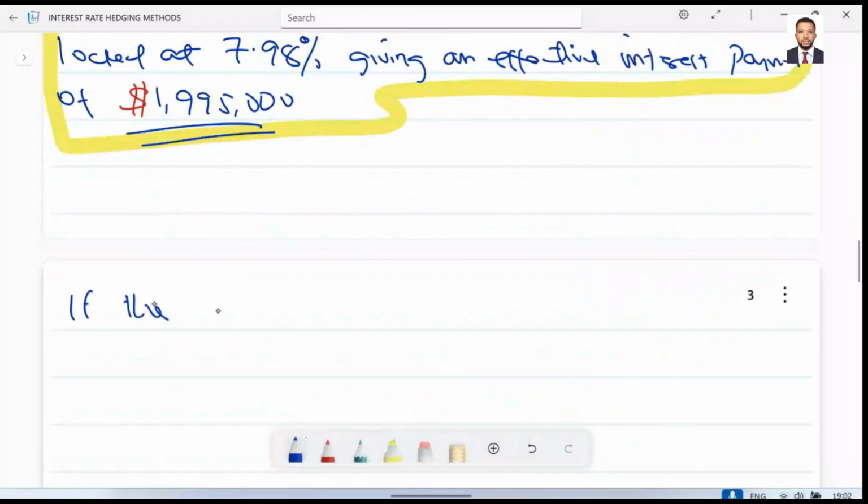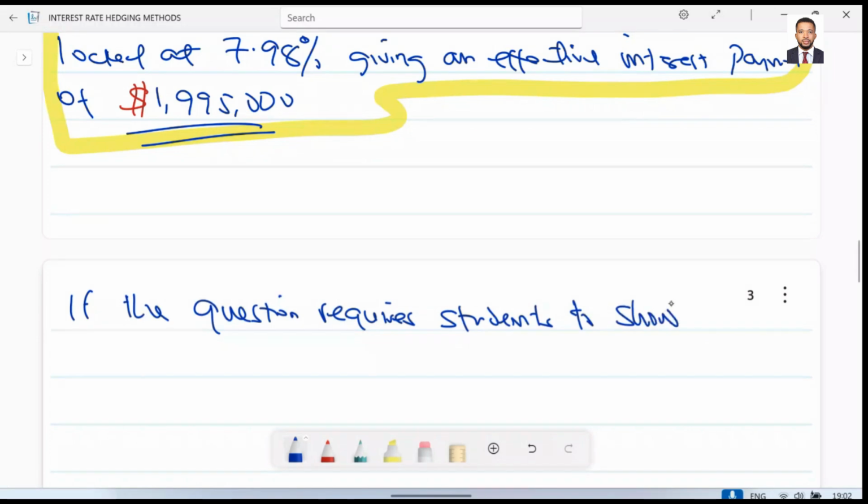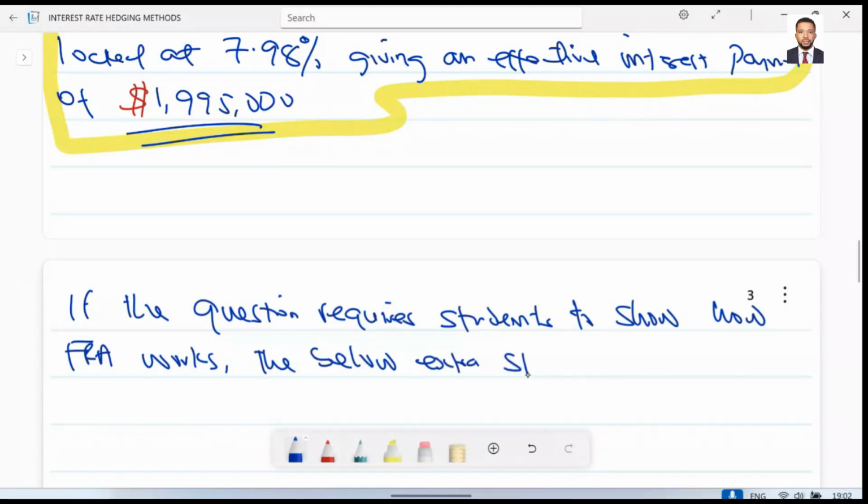If the question requires students to show how FRA works, the below extra steps. Yes.